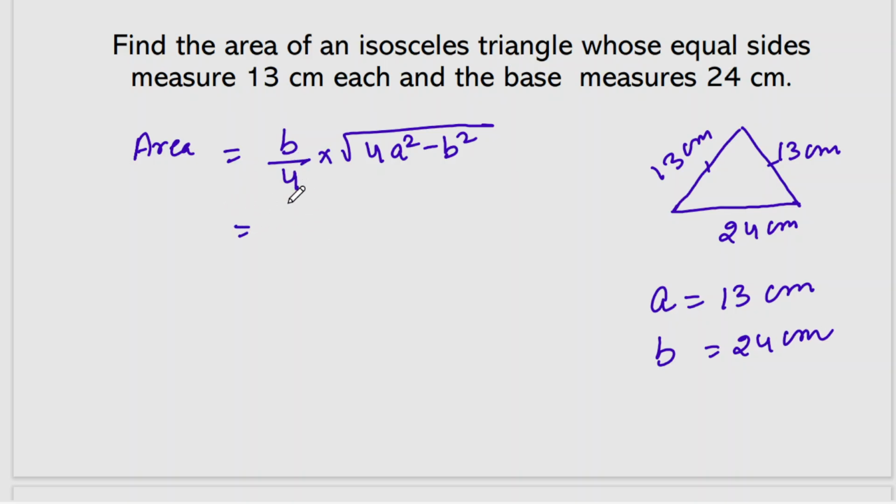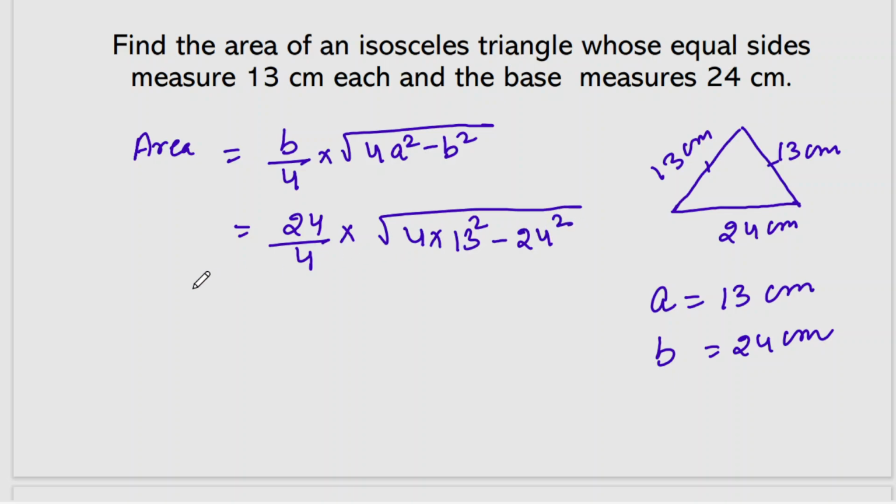Okay. So b by 4, what is b? B is our 24 centimeters. So 24 divided by 4 into root 4 into 13 square minus 24 square. So this can be written as 6. So 6 into root.